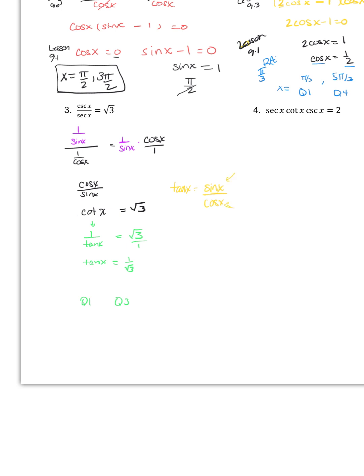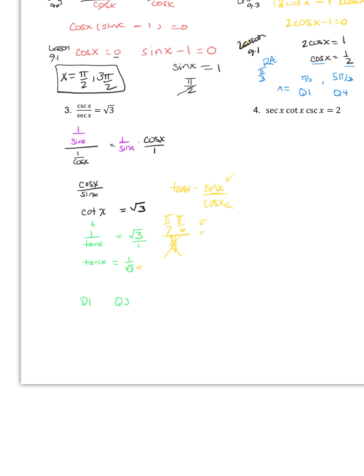So we think of our reference angles at pi over 3, pi over 6, pi over 4. Well, it's not pi over 4 because that's square root 2 over 2. So what I do to help me out is that if I have a square root of 3 down here, that means I have to have the square root of 3 on the bottom. So in other words, I have the point square root of 3 over 2 and 1/2. Those are our points that we use between 30 and 60.